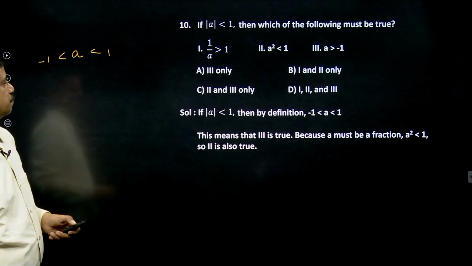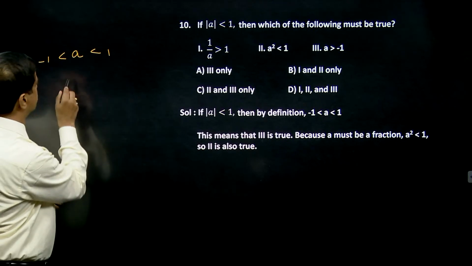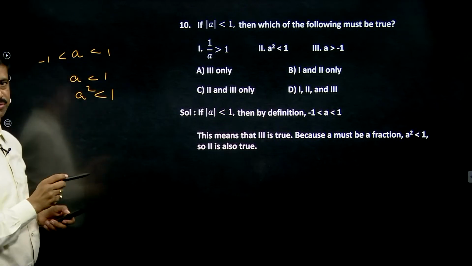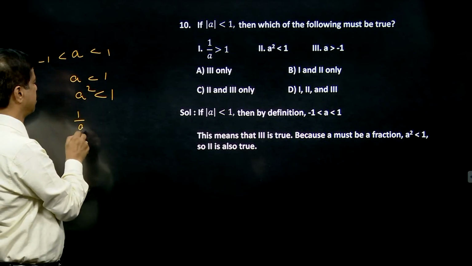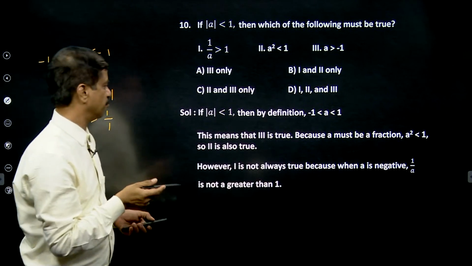First option, you see, second option: A is less than 1, so A square will be lesser than 1. A square will be lesser than 1. So A is less than 1, so 1 by A will be greater than 1 by 1. So 1 by A will be greater than 1.